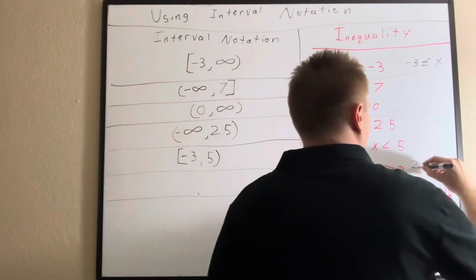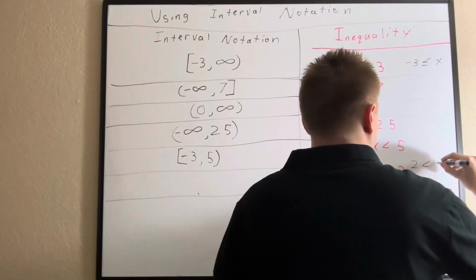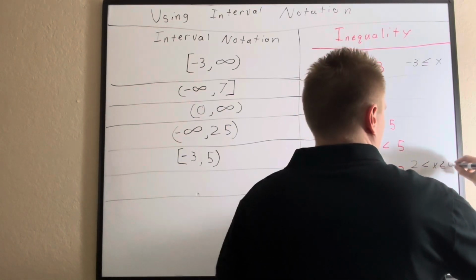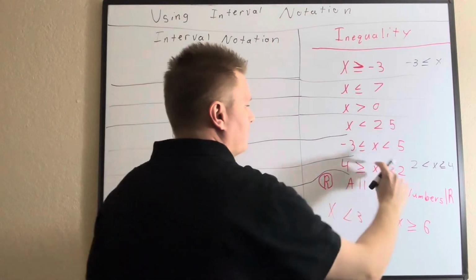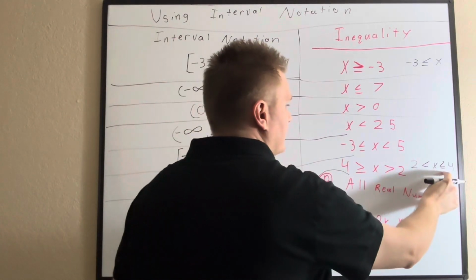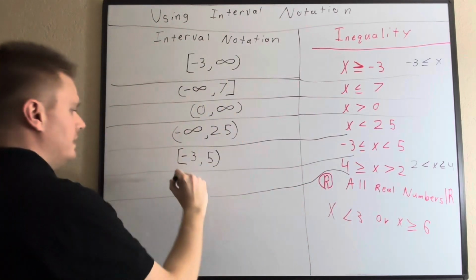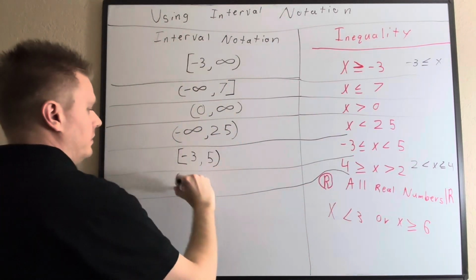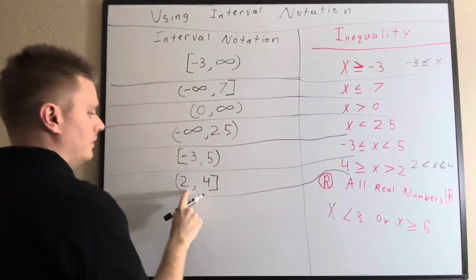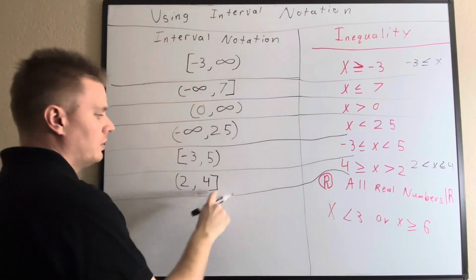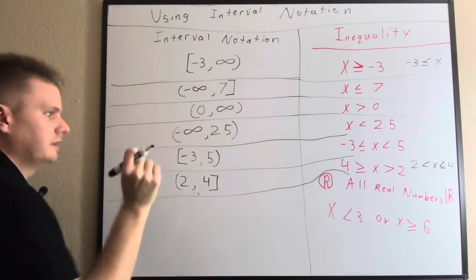So if it helps you, you can always rewrite this with the smaller number on the left, but you have to remember to flip those signs as well, because that is what it really means. All the numbers from 2 to 4, including 4, but not including 2.